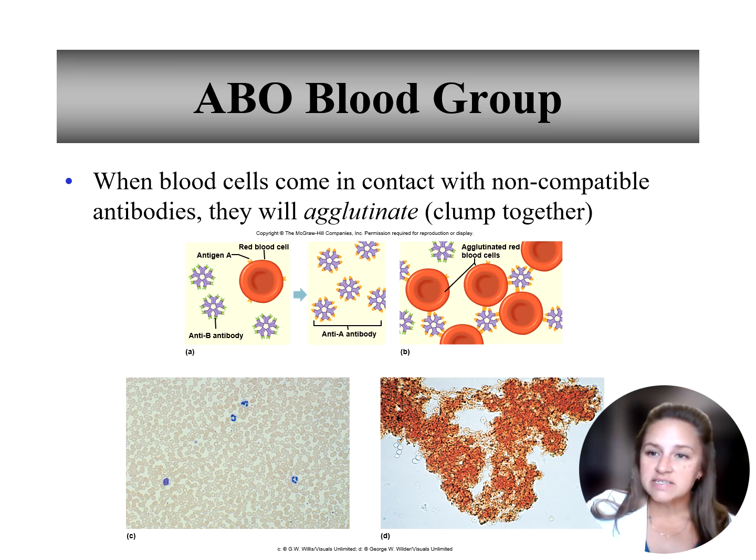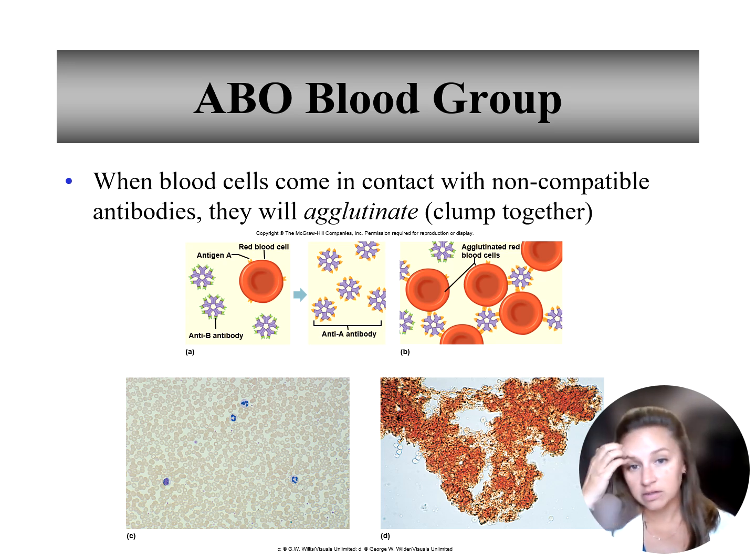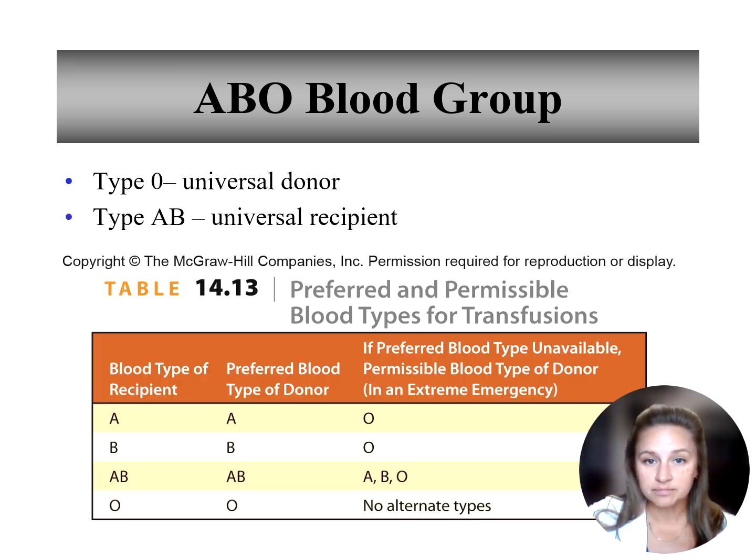So what that means is if you put two blood types together that are not compatible, it will agglutinate, which means the blood will clump together. If you are type O, then you're a universal donor, so you can give blood to any of the types. If you are type AB, that means you're a universal recipient. You can receive blood from any type.